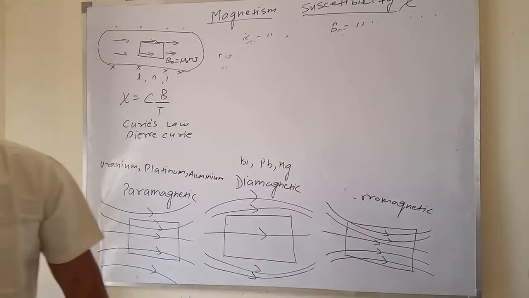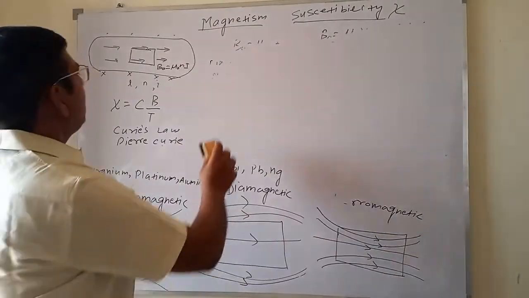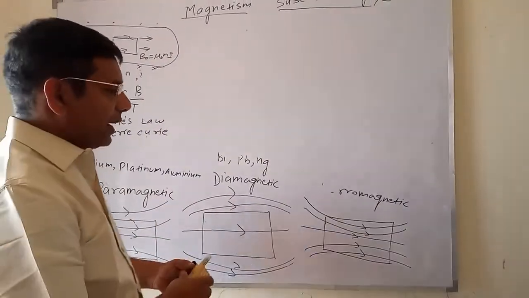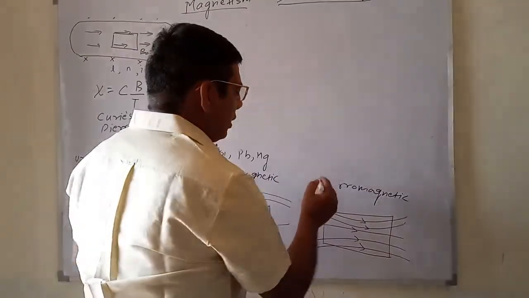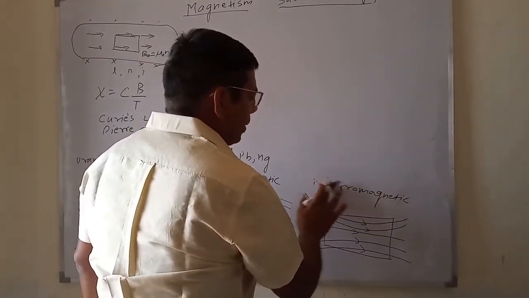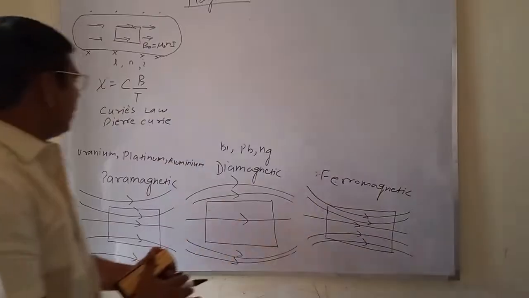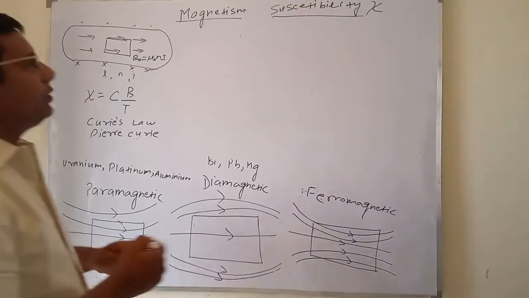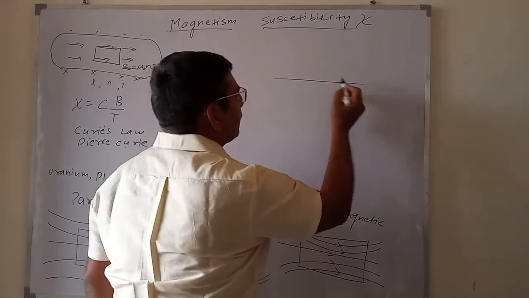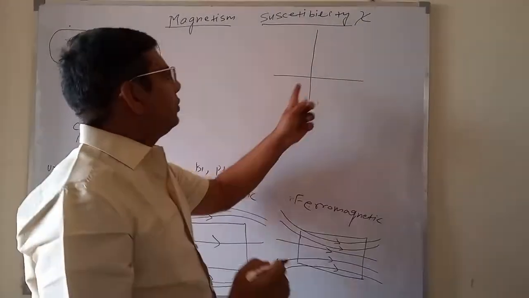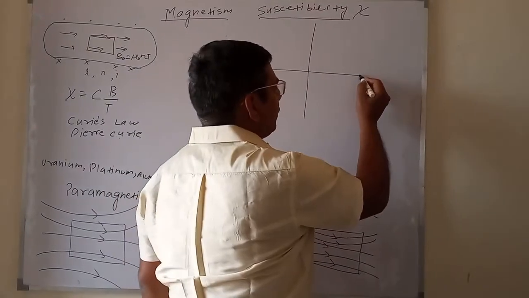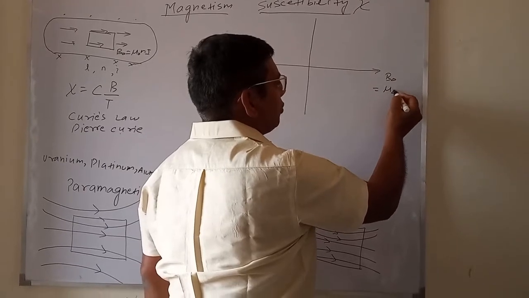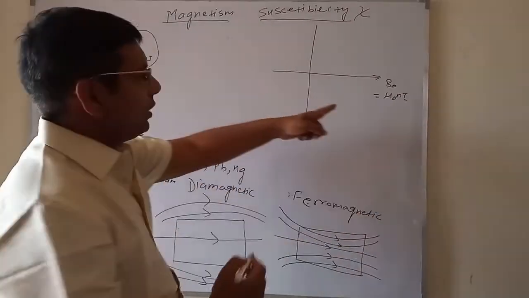After this, we will see what will happen if we increase the current in the ferromagnetic material. Suppose on the x-axis we have current, or B naught, because B naught is equal to mu naught Ni, right, from here.